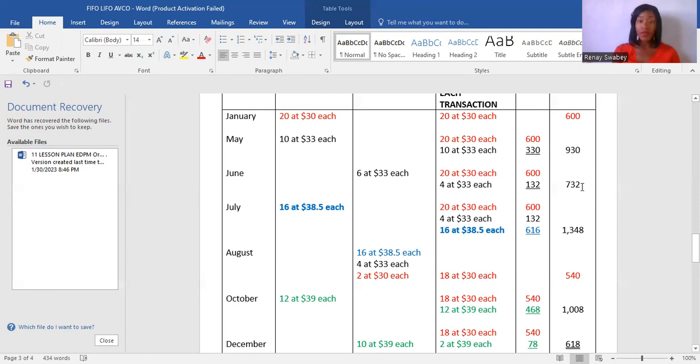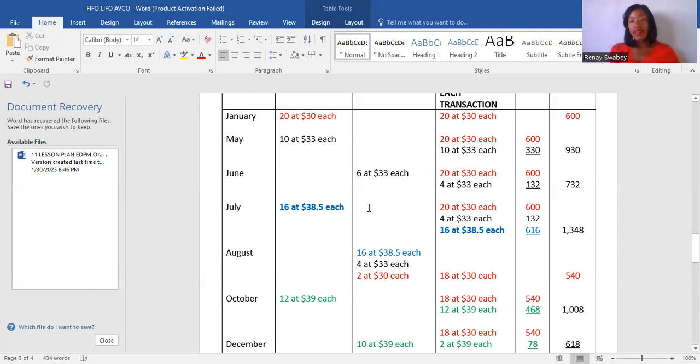Understand? I hope. So now we move on to July. In July, Selena, and I keep using Selena because she's the owner of the business, right? So in July, Selena purchased 16 cases. Was it 16 iPhones, we said, at $38.5 from Taifa?